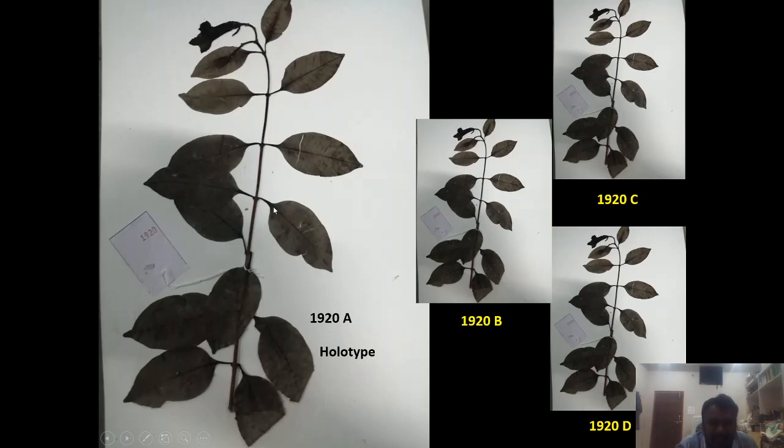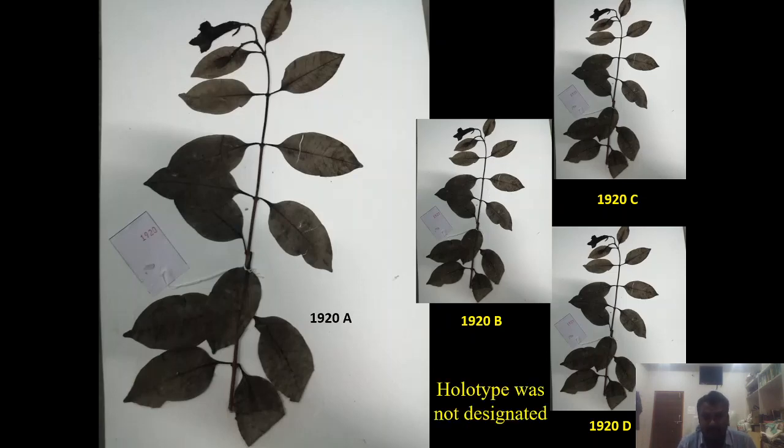Then it is known as holotype. The other 3, that means 1920B, C and D, are called isotypes. When a holotype is not designated among these specimens, if anyone comes and selects one as a holotype based on the description, then this is called syntype.